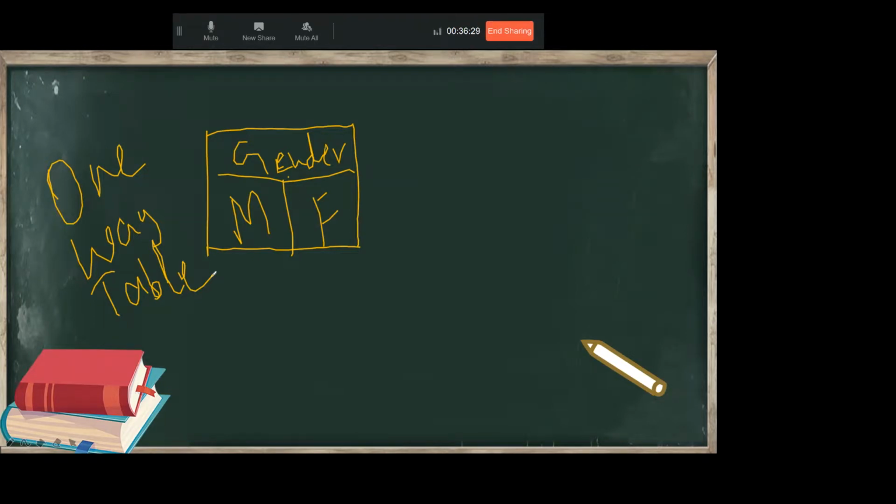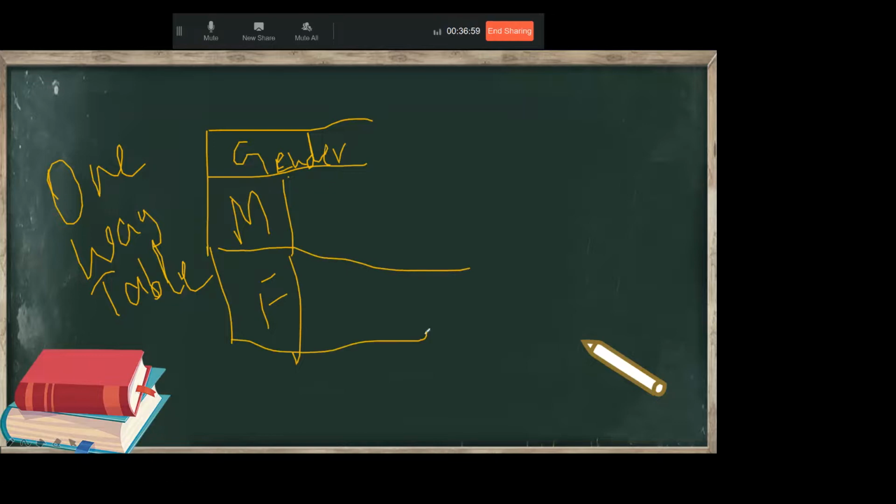So that's gender. In gender I have male and female, two categories, right?